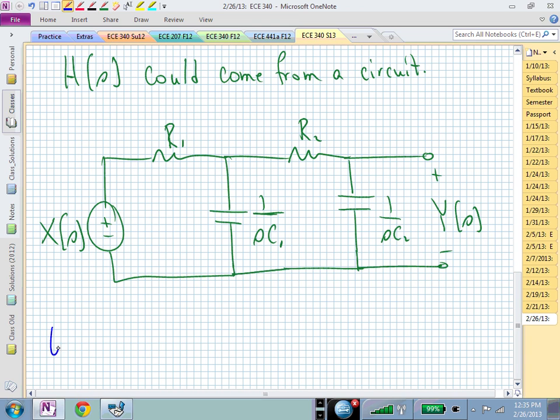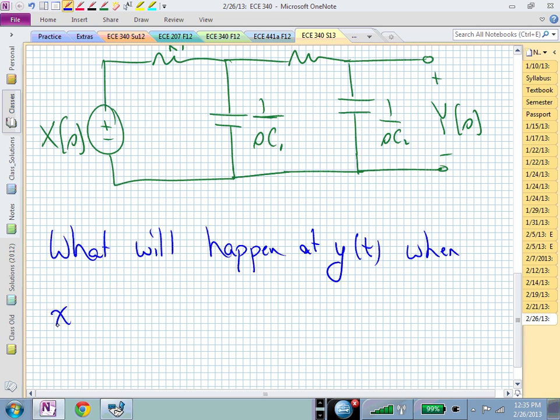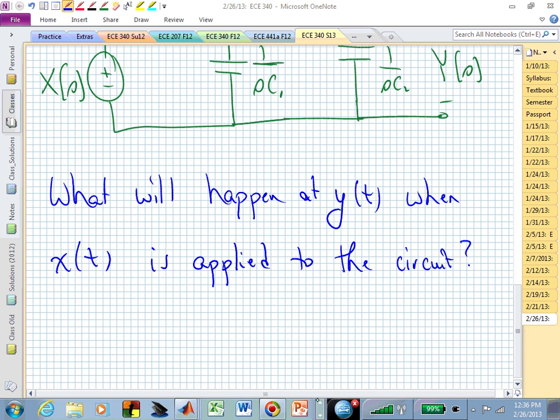What will happen at Y of t when X of t is applied to the circuit? And then I have to basically tell you what is X of t.